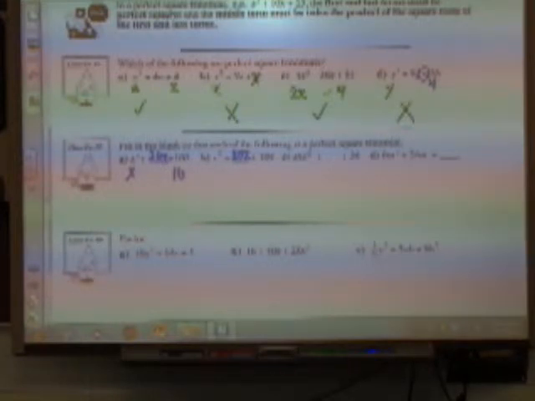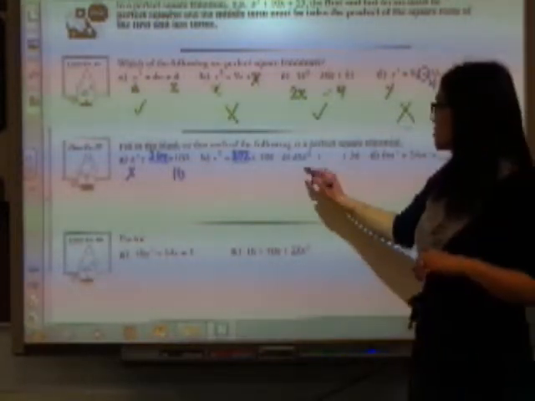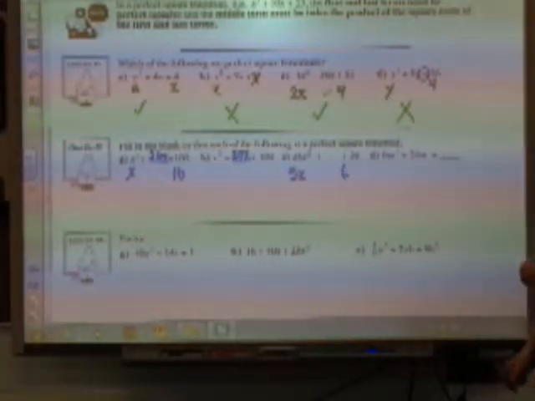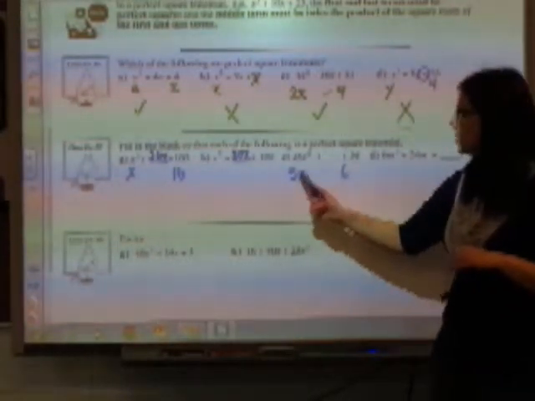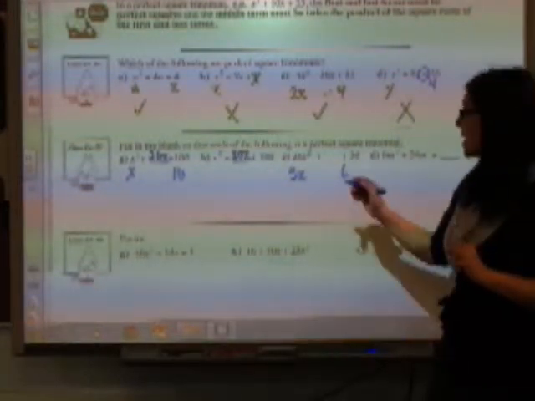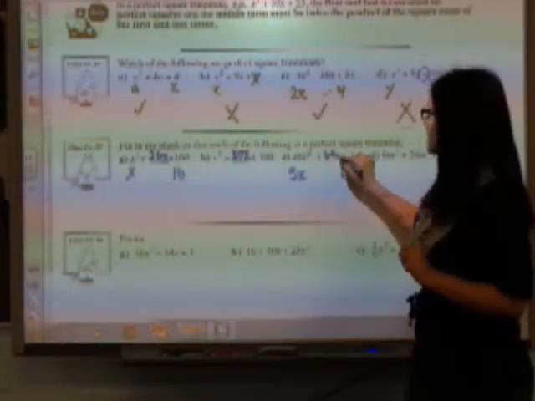So let's look at C. Square root the first, square root the last, multiply these two together, which gives me 30, double 30, and I get 60.